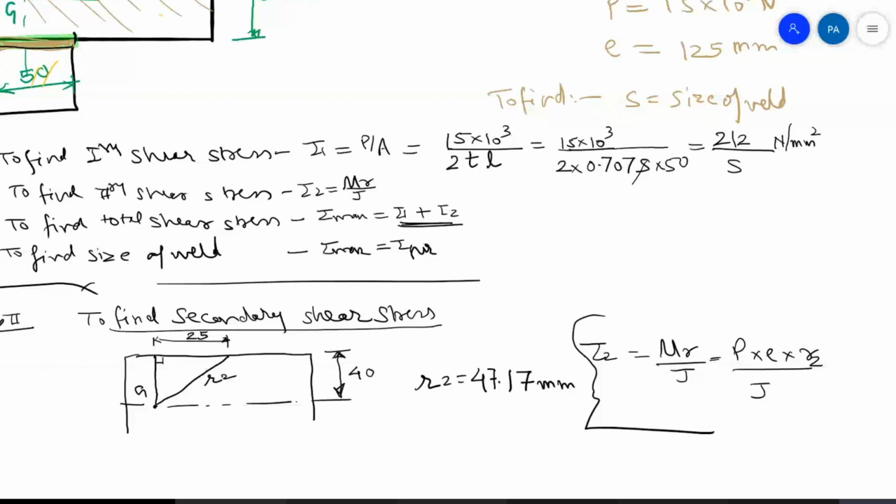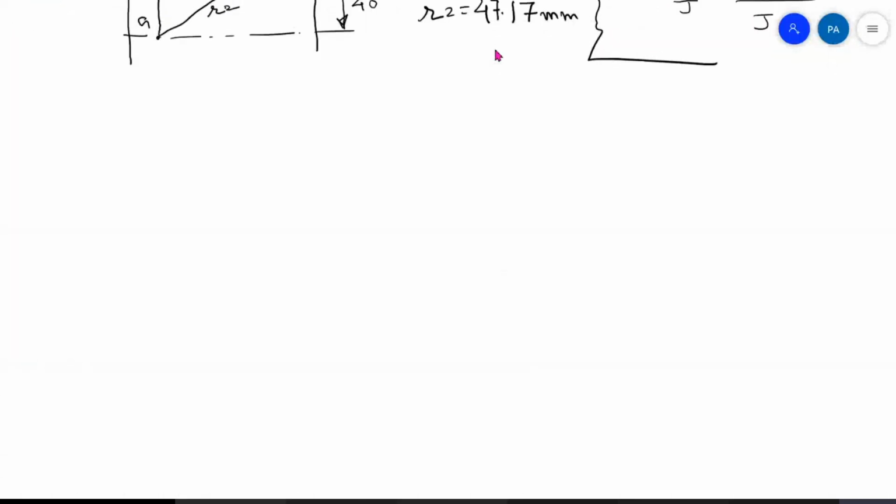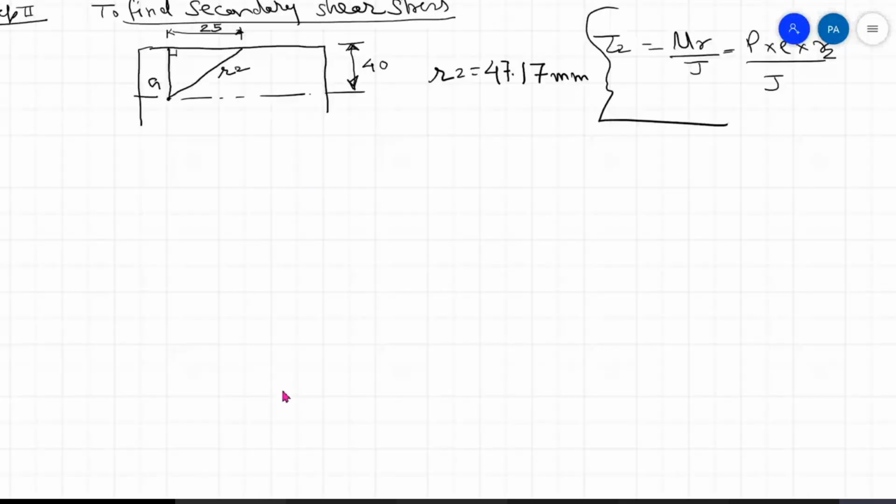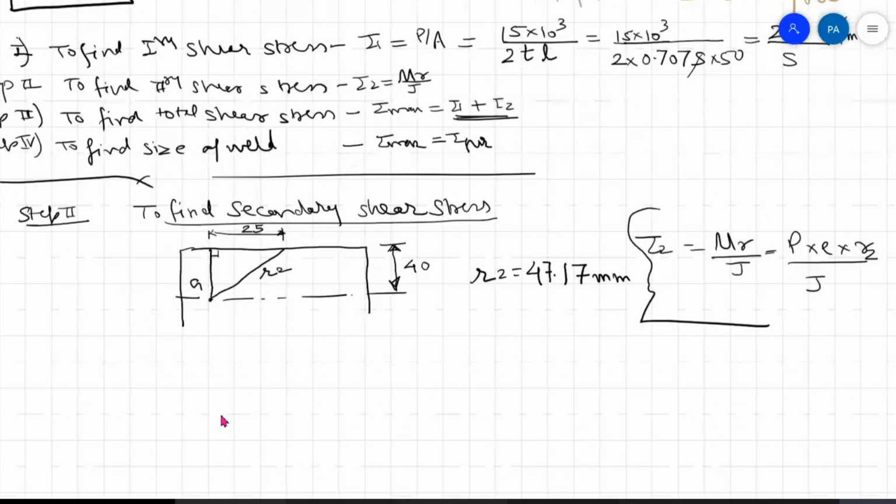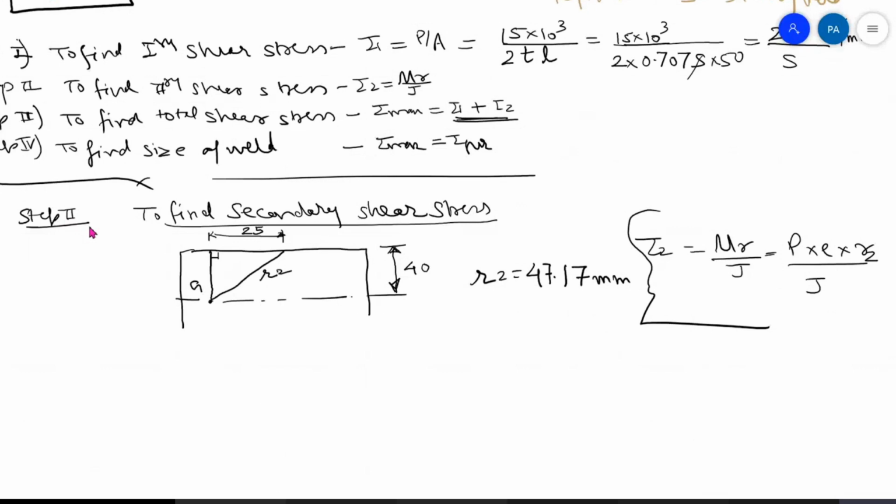Now next, what do we have to find? We have to find J. So what will we do now? Instead of writing this as step 2, we will break this into step 2, to find the value of R2.